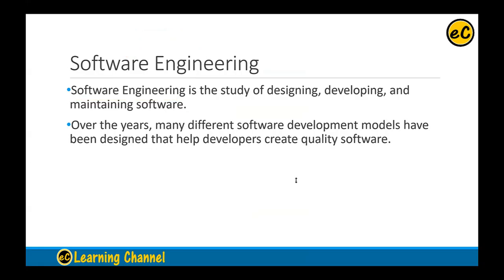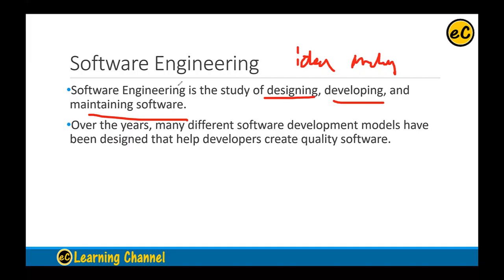So basically it's from the idea of creating a software to analysis, to design, to developing, to maintaining software, okay? All the way from idea to product. It's called software engineering, okay?